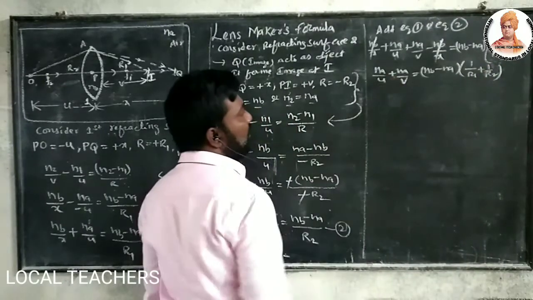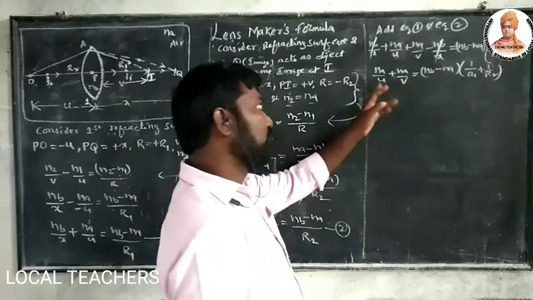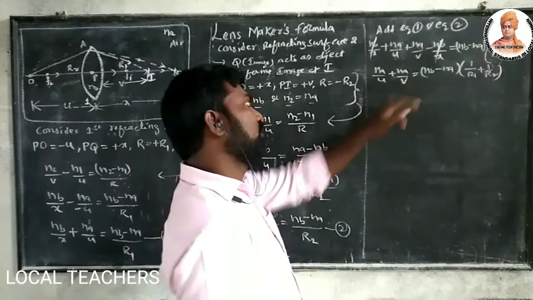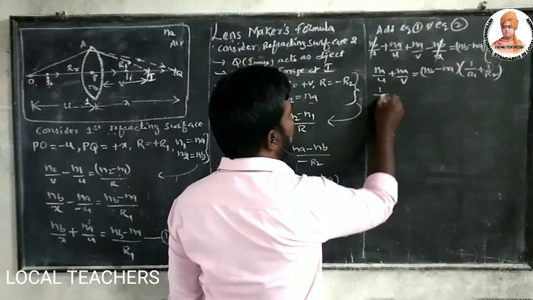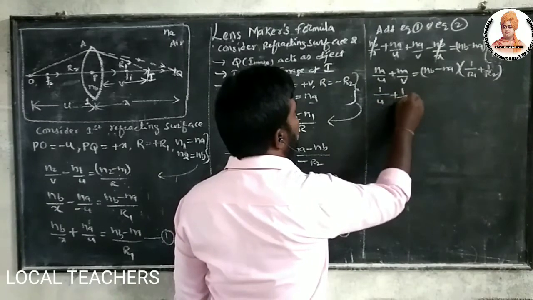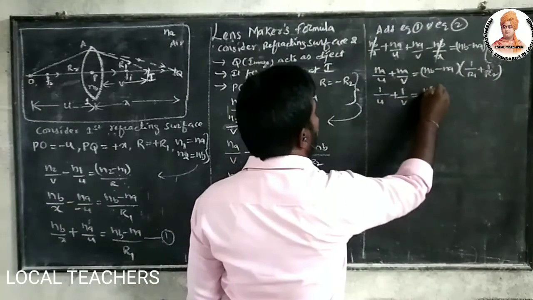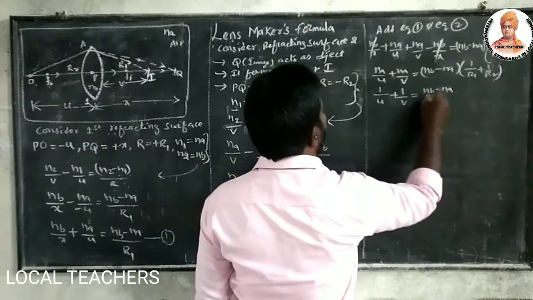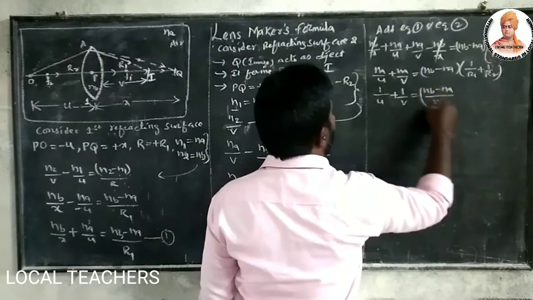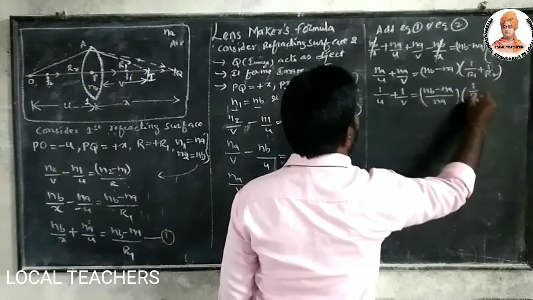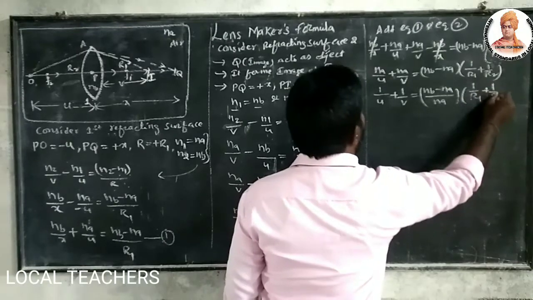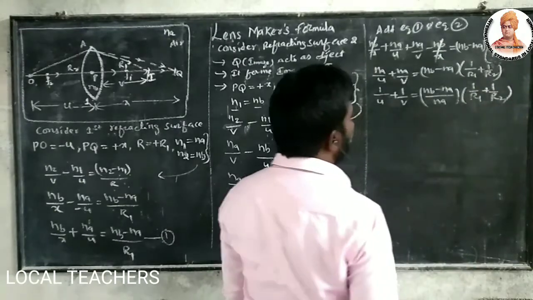So take this NA common from the left side and send it to the right side. We can write 1 by U plus 1 by V equals NB minus NA by NA into 1 by R1 plus 1 by R2.